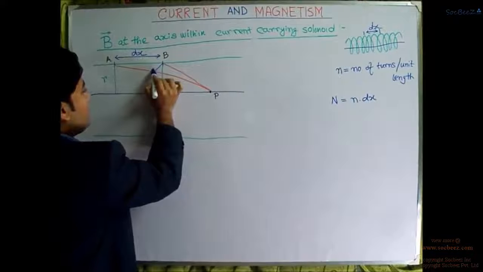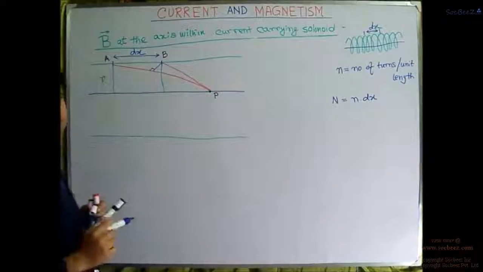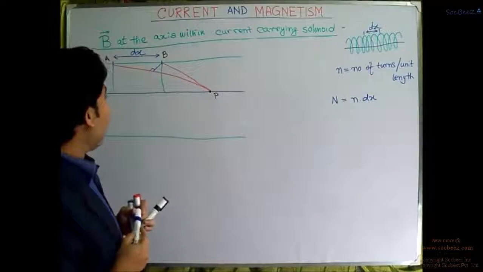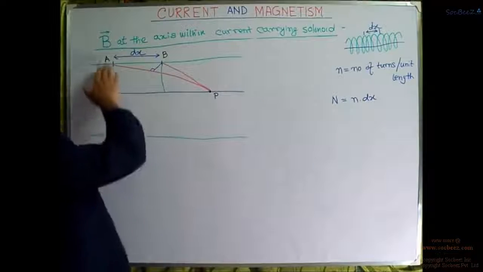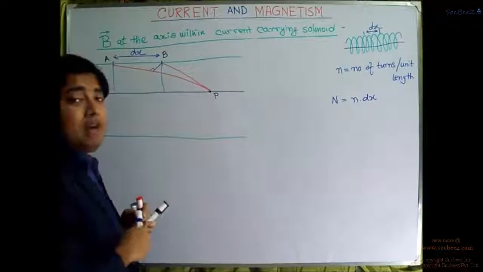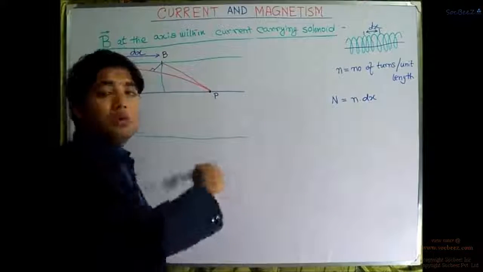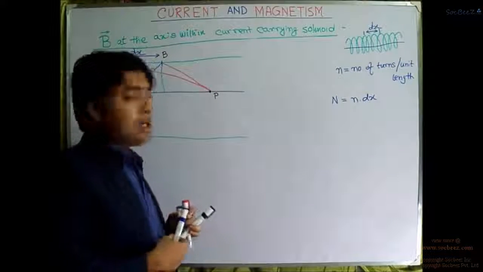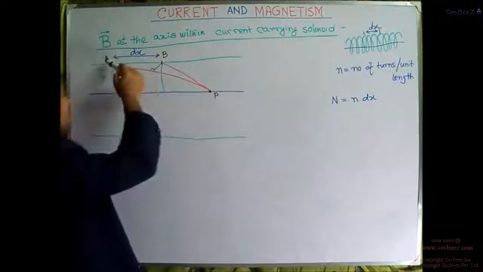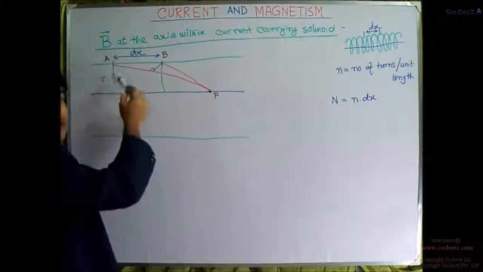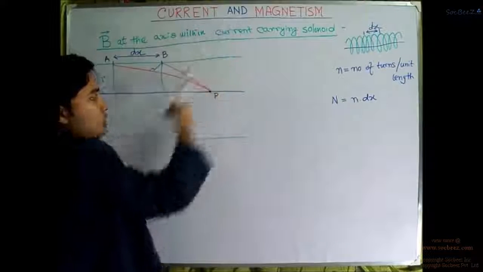So this is perpendicular. And the length of AP, as we have seen, for a coil, say there is only a coil over here. Forget about these parts.